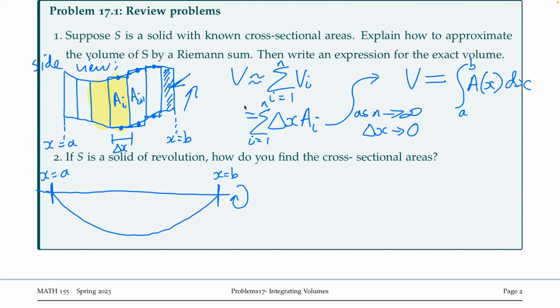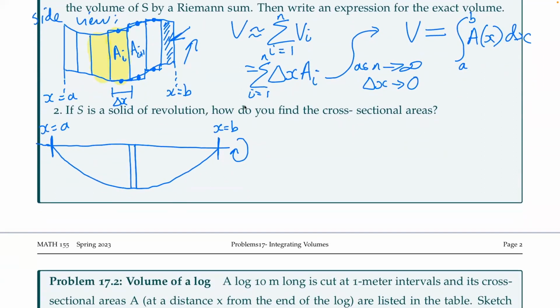So we want to find the cross-sectional area. We take a slice through this thing here. And again, we want to work out the area, not of this rectangle that I've drawn, but the area going into the screen. So our delta x is this width here, but our area A i for this particular slice is the cross-sectional area going into the screen.